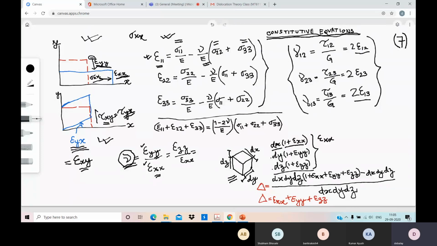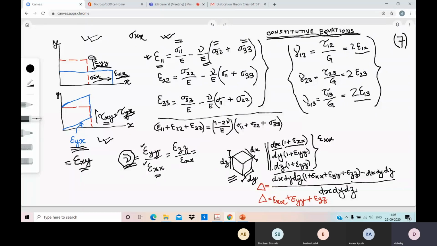So now what is the new volume? If you multiply these three terms, you will get the new volume as dx dy dz into 1 plus epsilon xx plus epsilon yy plus epsilon zz, where I am ignoring the multiplying terms because I have assumed these strain values are quite small in fraction.